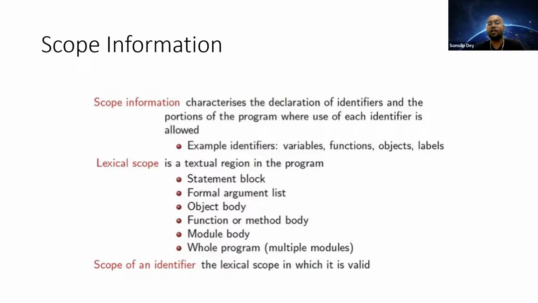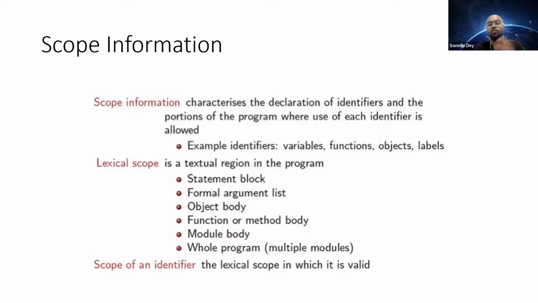For example, you can have variables, functions, objects, and labels within the whole program, but how do we know where each of these identifiers is allowed to be executed or defined, right? That's why scope information is very important.